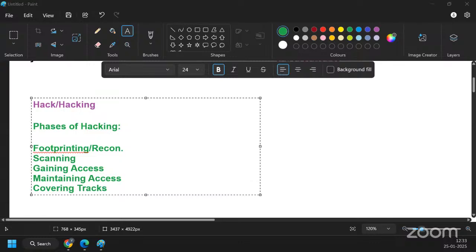We are both sitting in different locations, and to compromise this system I will require some sort of medium. There are some conditions. Condition number one: Jaspreet's system should be powered on and connected to the internet. Then only will I be able to compromise the system.